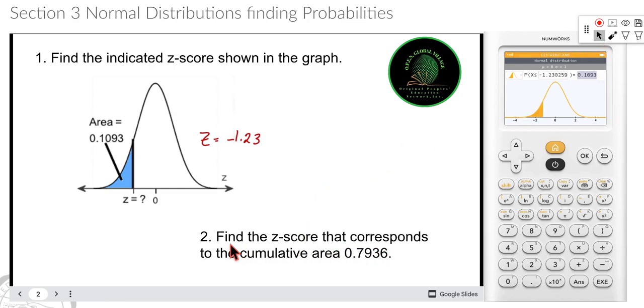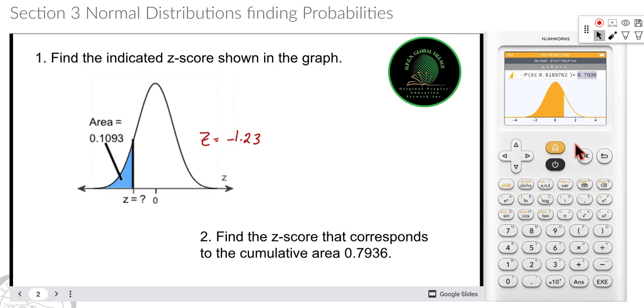Find the z-score that corresponds to the cumulative area. Cumulative area starts at the beginning and goes forward, so it's really the same thing as this, but we don't have the picture. We know we've got about 79%. Hopefully you're thinking, that's more than the mean, so it's going to be a positive z-score. All we have to do is fill in the percentage, 0.7936.